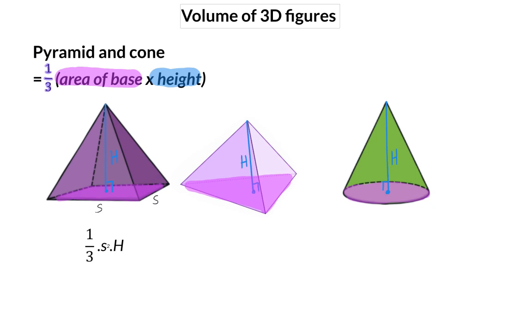For our triangular pyramid, that will be a third times a half, which will become 1/6 of the base multiplied by the perpendicular height of the triangle at the bottom, multiplied by the height of the pyramid. And for our cone, it is a third multiplied by pi r squared multiplied by the height of the cone.